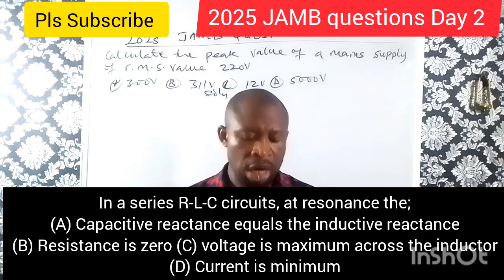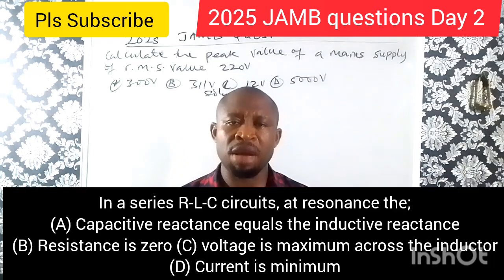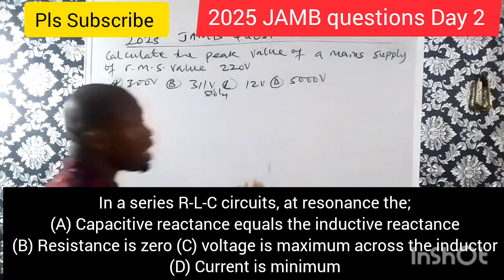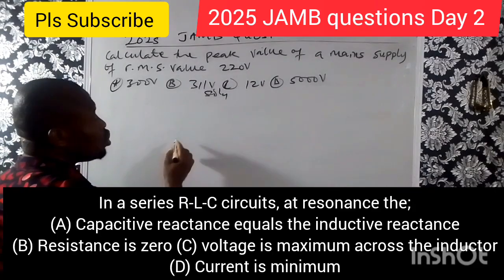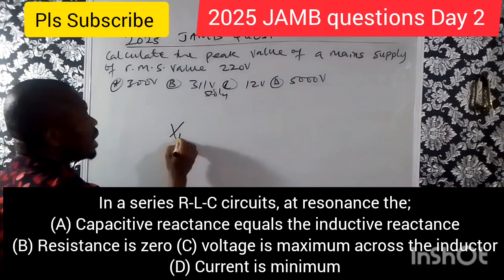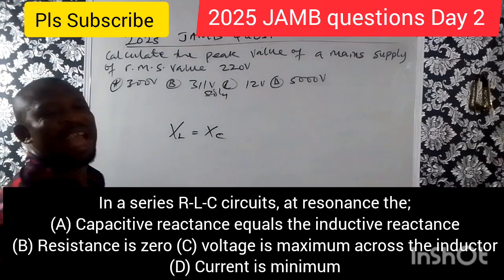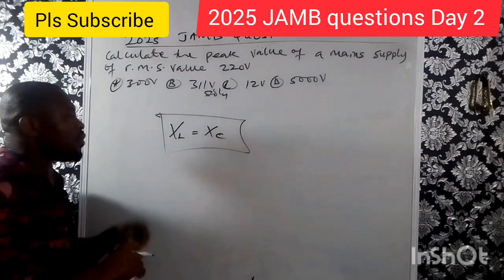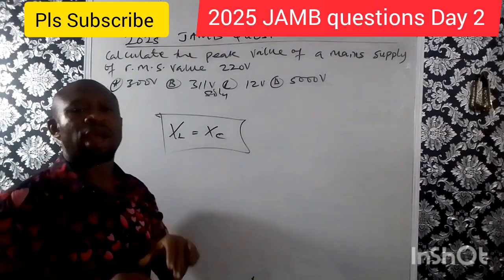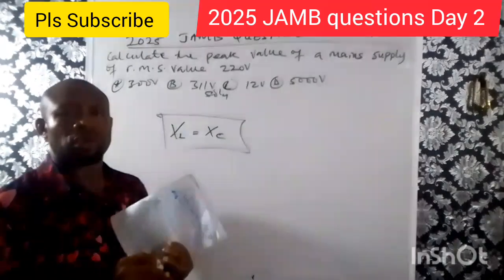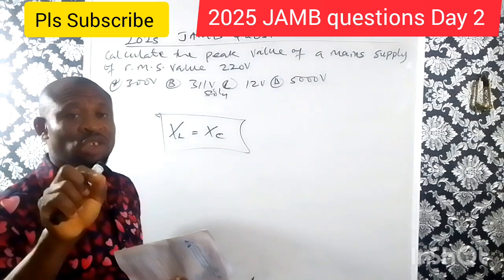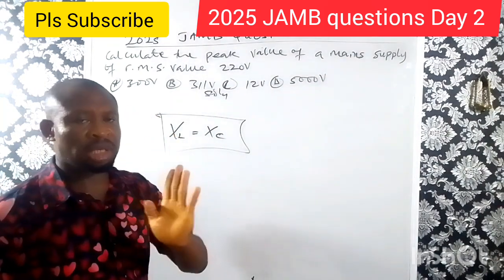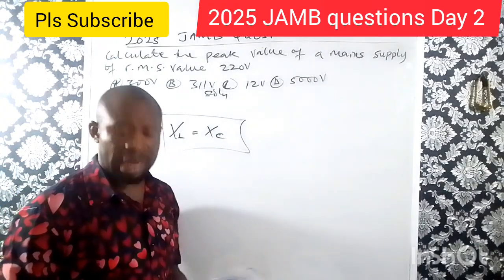D, current is minimum. Please, this type of question, you don't need to waste your time. At resonance in an RLC circuit, XL becomes XC. Simple. So at resonance, the reactance of the inductor is the reactance of the capacitor. That means the correct answer option there is option A. Simple. Now we take the next.